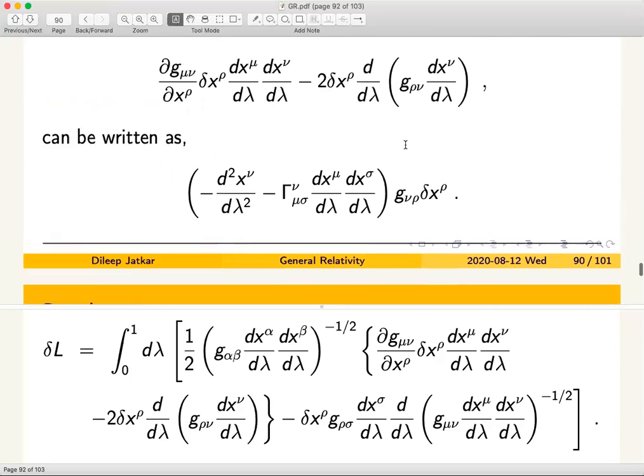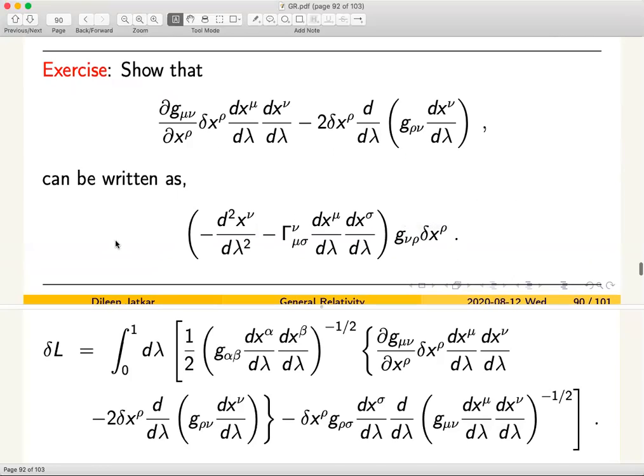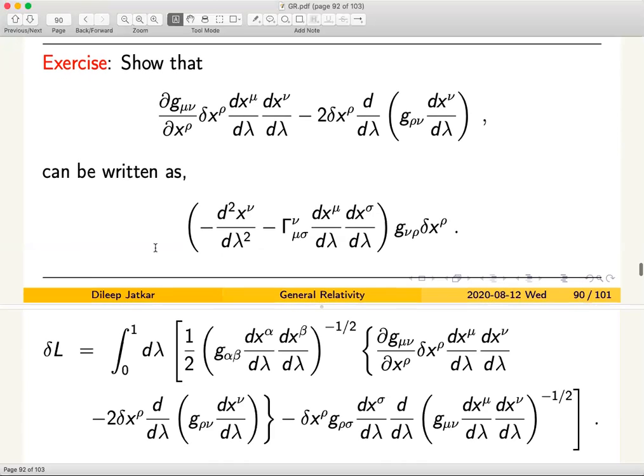So what we are going to do is utilize the results of this exercise. It is possible to show this, and we will use this result and substitute it inside this curly bracket. Instead of writing the expression sitting in the curly bracket, we write down this expression in. This piece is 0 anyway.